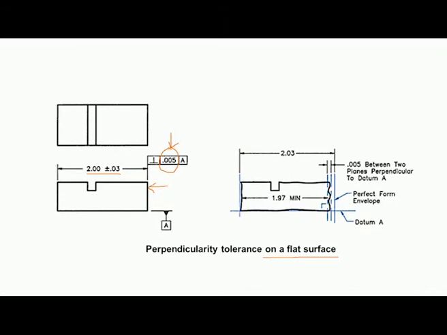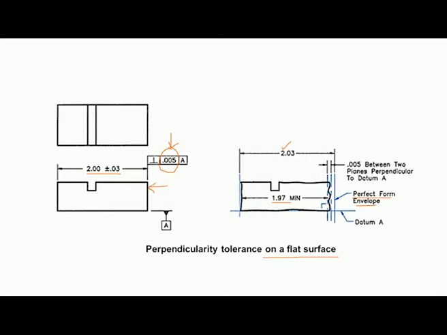The maximum width should be below 2.03, this is the maximum size, and minimum size is 2 minus 0.03, that is 1.97 millimeter. So, 2.03 to 1.97 is the size tolerance, and for this we say perfect form envelope. The object should be within this envelope.